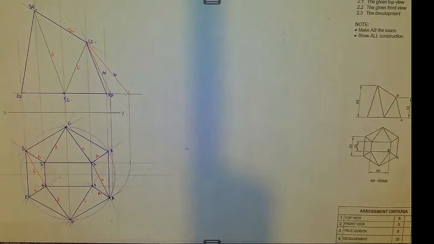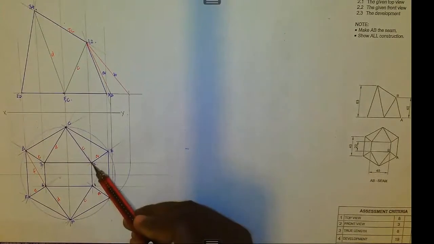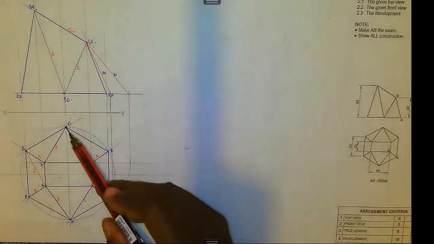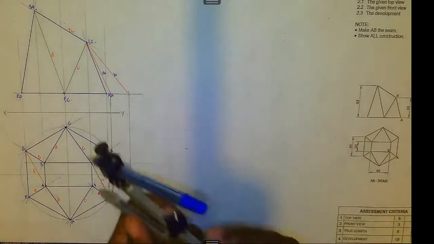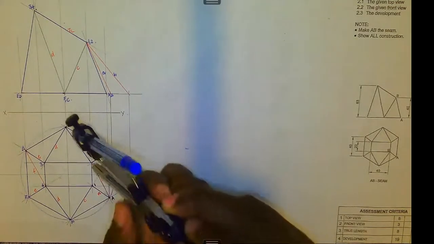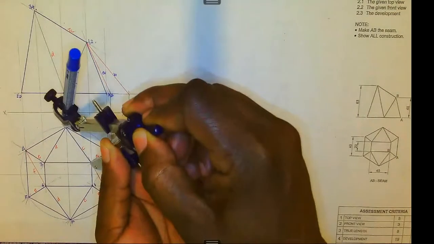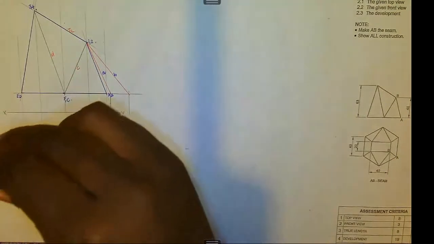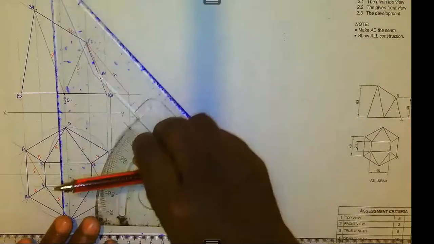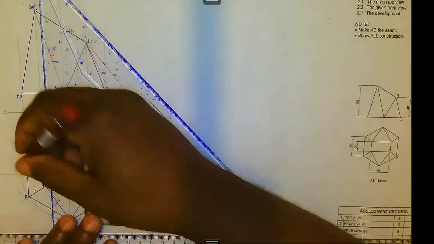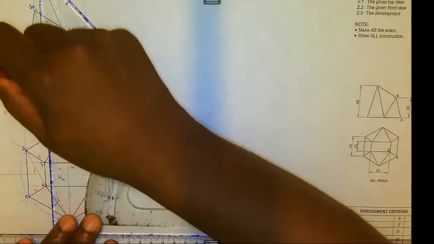Right. The other line that I require is 2 to C, which is the same as 1 to F. Okay. But I'm going to stand again at point 1 here, like this. Then I'm going to revert like that. So point C has changed position. Take this one up to there.